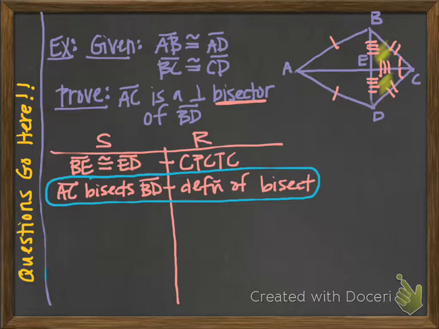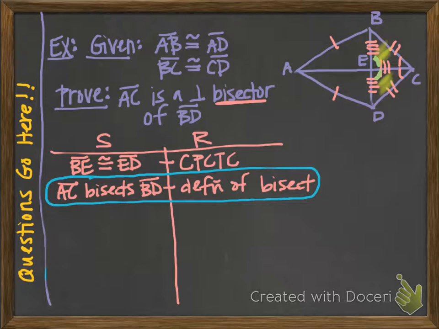Well, we know this angle and this angle together are supplementary because they form that straight line. I'm not requiring you to state that two angles are supplementary. By this point, I think we can assume that. But we do need to say that they're congruent. And I know that they're congruent because they belong to two congruent triangles.